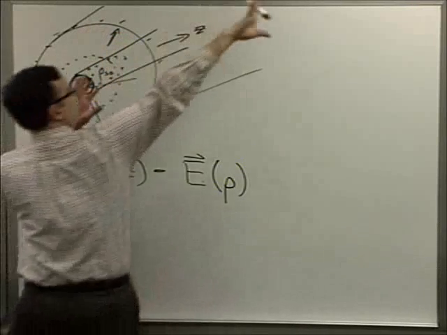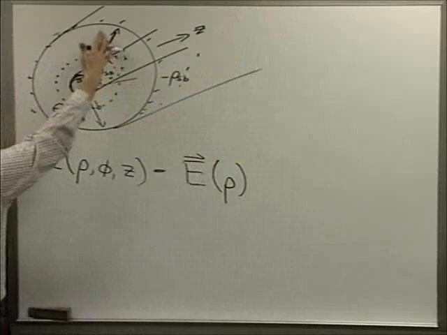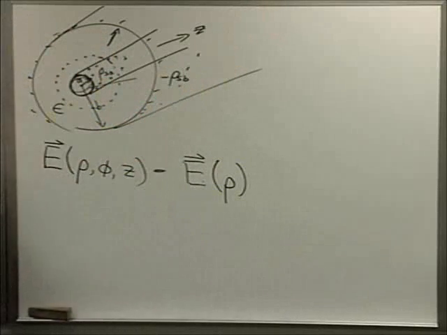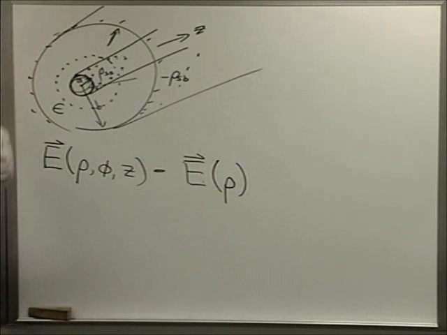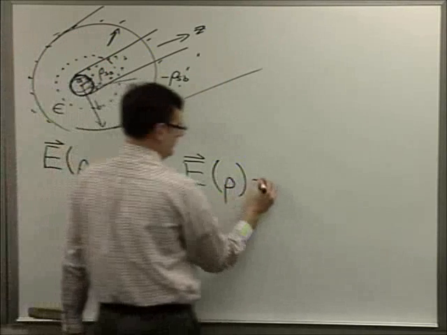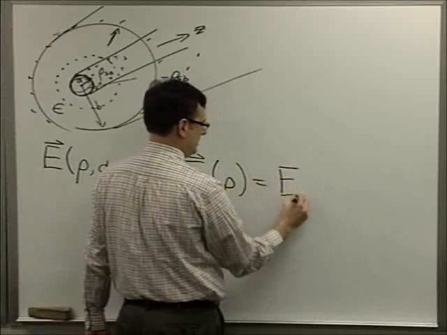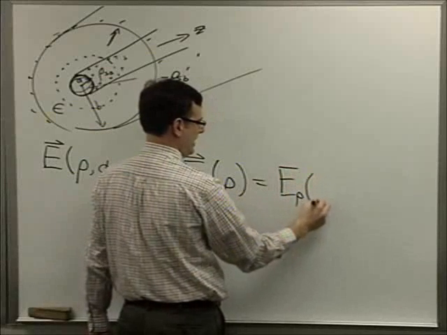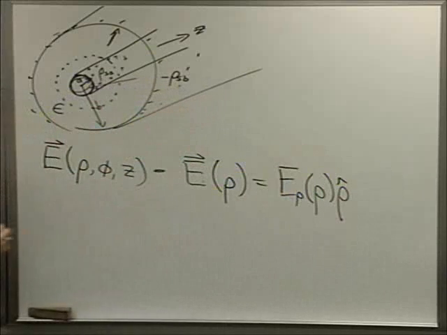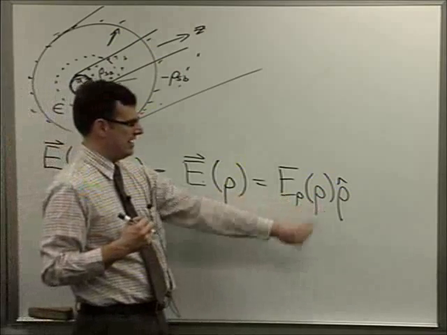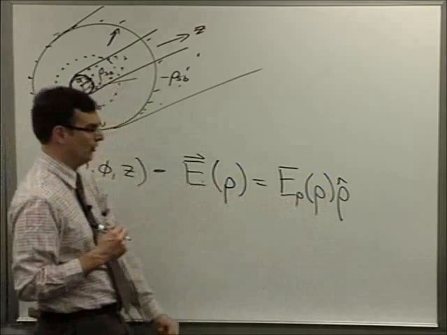There should be just enough charge down the line here to cancel any lateral component that the charge down this side of the line should produce. So it should always point away from the structure. So I can write this as E sub rho as a function of rho in the rho hat direction. That further simplification: there will only be a rho component, and it will only depend on rho.